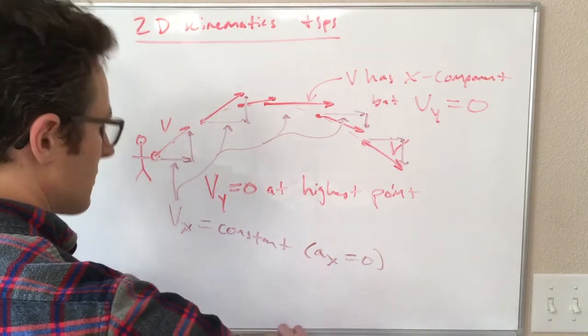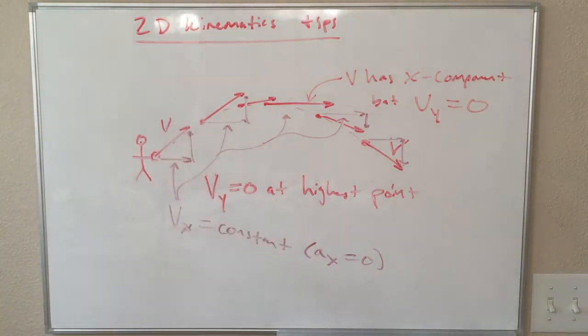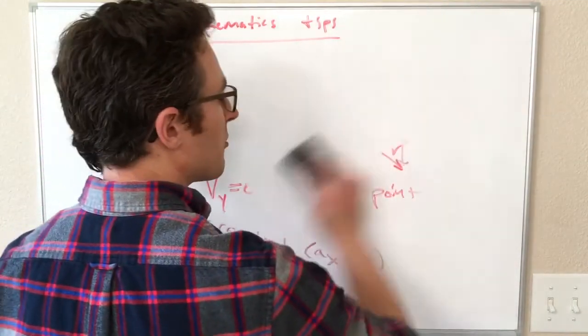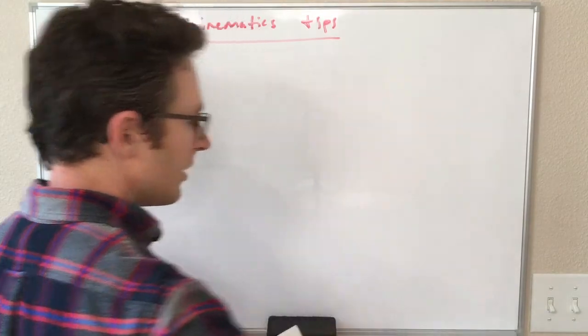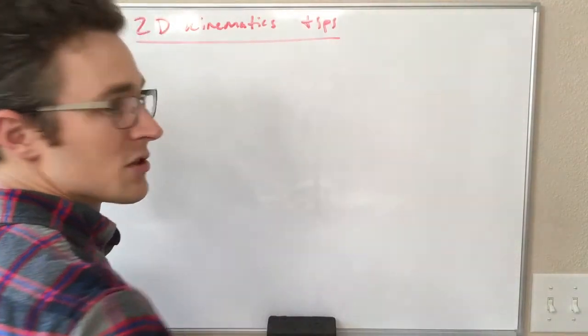The last tip, if you want to call it a tip, is that for some problems in the 2D kinematics family, we will need to use the quadratic equation.